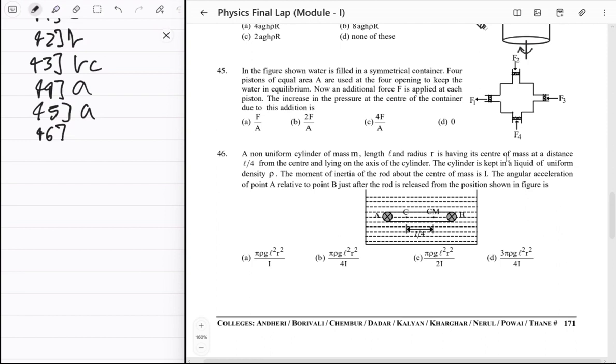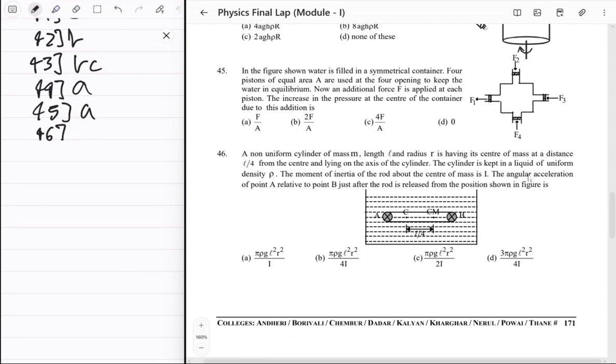Is having its center of mass at a distance L upon 4 from the center. Oh god, the center of mass is the whole thing. Oh really? This doesn't seem right to me. Lying on the axis of the cylinder. The center is kept in a liquid of uniform density rho. The moment of inertia of the rod about the center of mass is I.